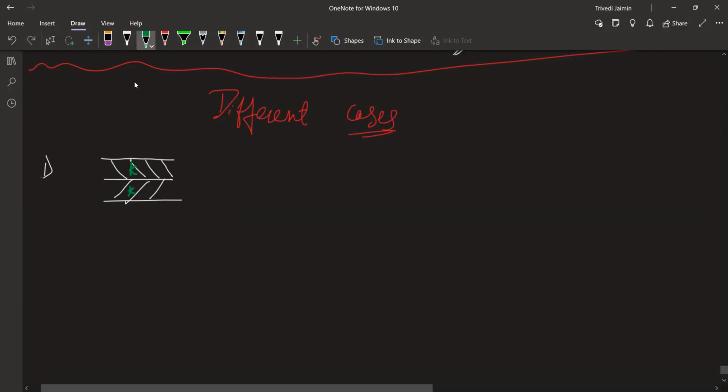This is K dielectric, okay? K1, K2. And here, D is the distance between them. This is a capacitor actually, okay? Like this.